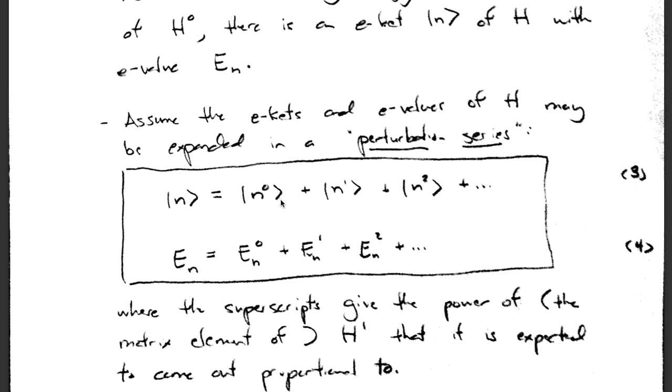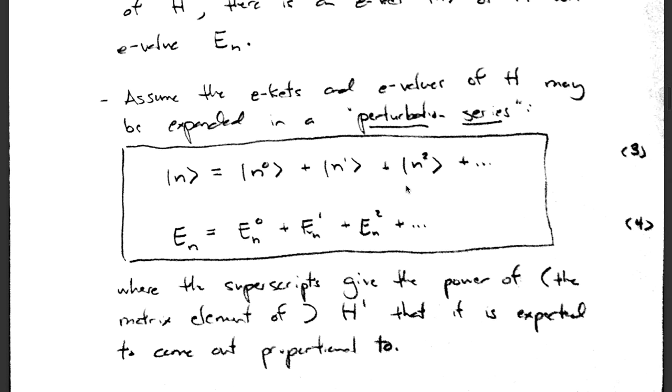This n0 would be what we would call zeroth order or leading order. This would be the next-to-leading order, the first order term, second order term, and so on and so forth. The 0, 1, 2 here, they're not powers, they're superscripts. They're basically bookkeeping notation to let you know what order of perturbation theory you're in.